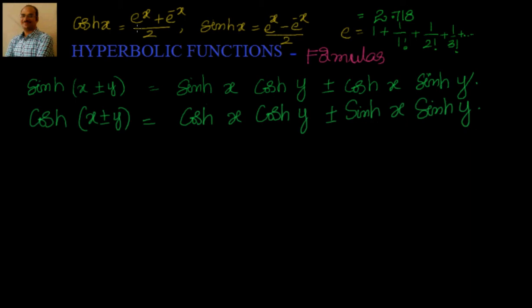Very simple. We'll directly take the definition whatever we know of cosh x and cosh y, sinh x, sinh y, from whatever the definition of hyperbolic cos we have been given, and we simplify it and prove that it's nothing but the same. So for a change, we'll start from the right hand side instead of the left hand side. So I will take this first equation now. We are proving number 1.